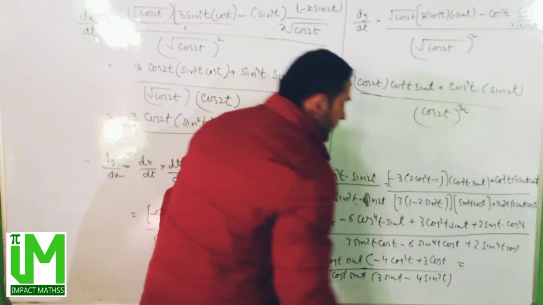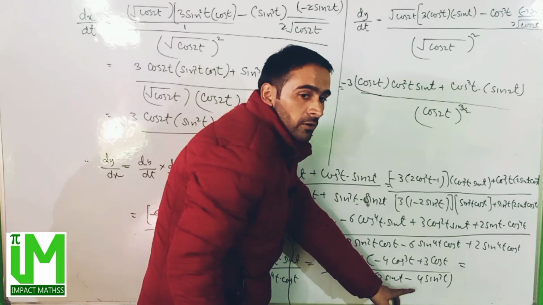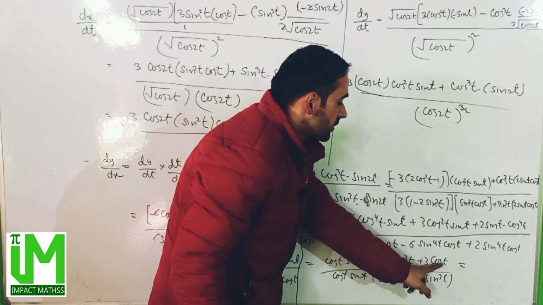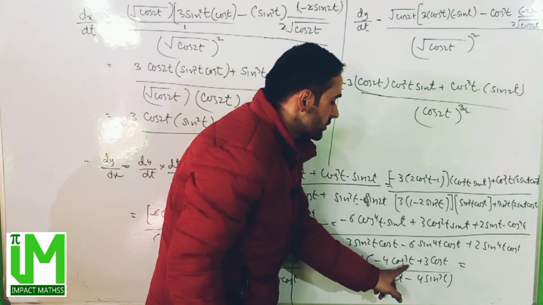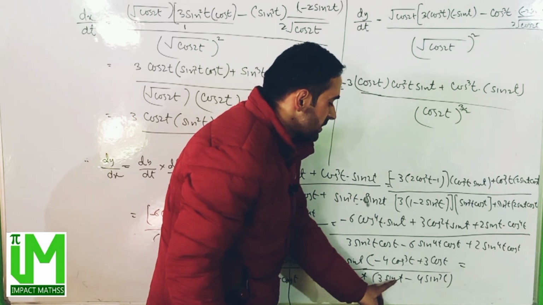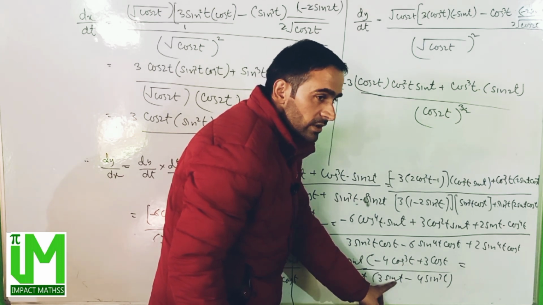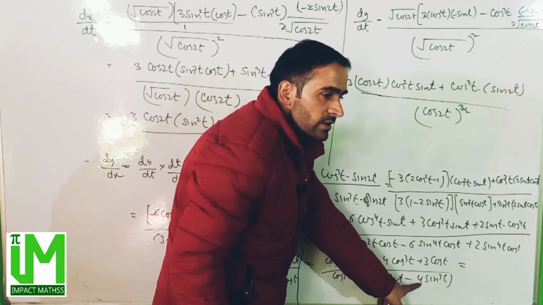Now we know cos 3 theta equals 3 cos theta minus 4 cos cube theta, and sin 3 theta is 3 sin theta minus 4 sin cube theta.